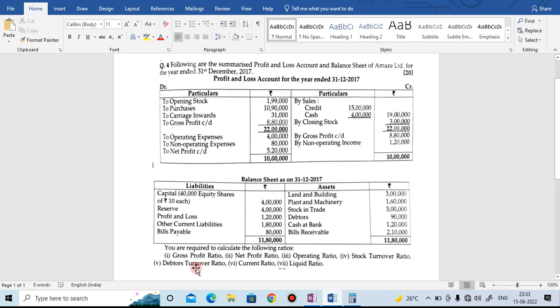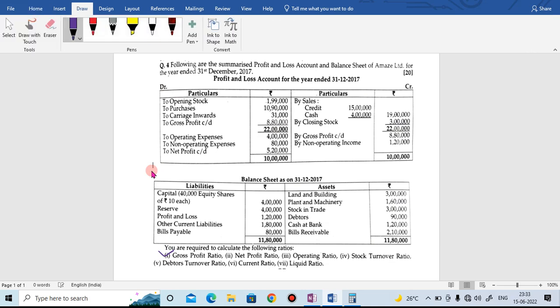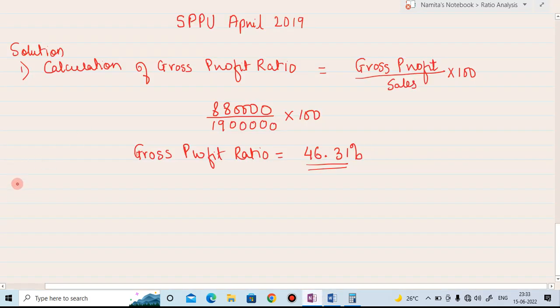Now gross profit ratio we have calculated, tick mark. Next we have to find net profit ratio. So the second ratio is calculation of net profit ratio.